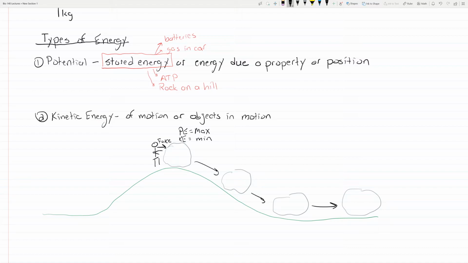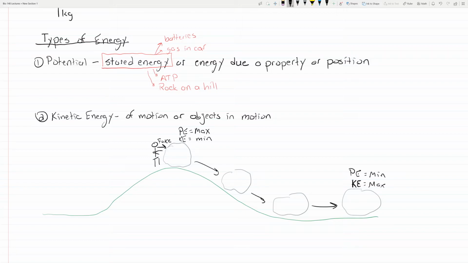Now, when we are at the bottom of the hill, the rock is going as fast as it can, the kinetic energy is the max, and the potential energy is at the minimum, or almost 0.